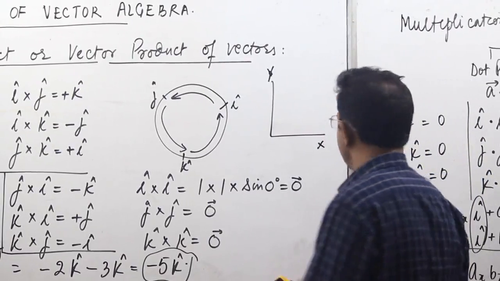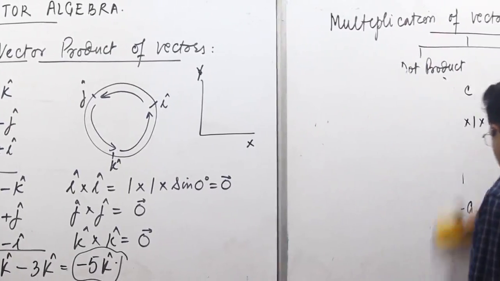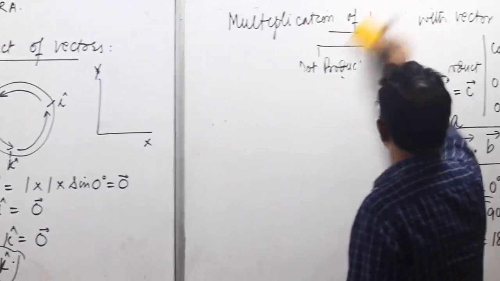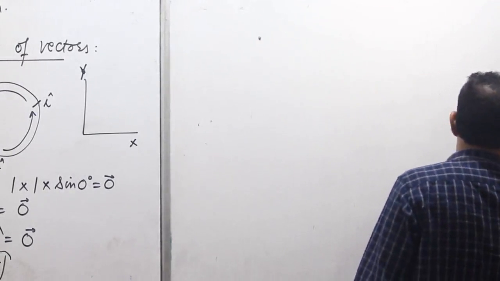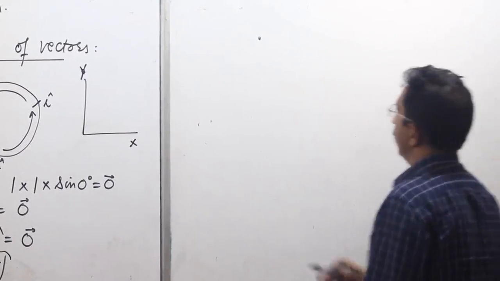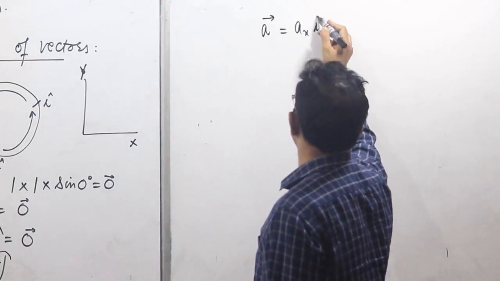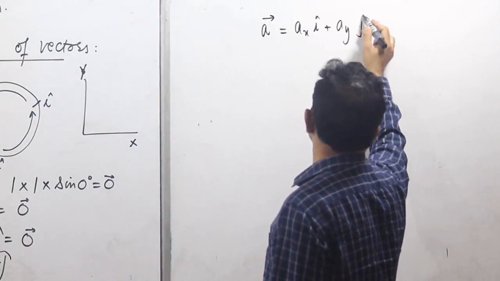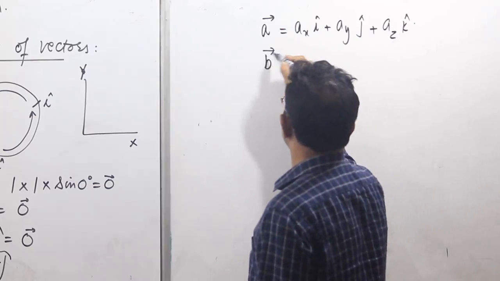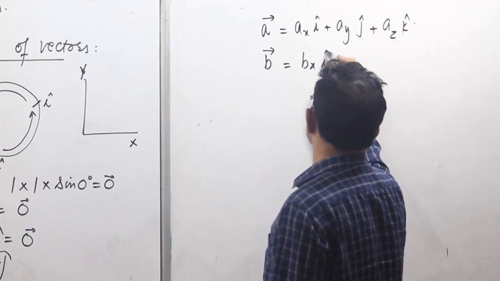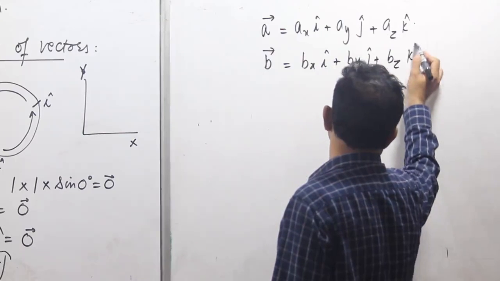Now coming to the product of two vectors A and B having three components. Assume that I have a vector A equal to AX I cap, AY J cap, AZ K cap. I have a vector B equal to BX I cap, BY J cap, and BZ K cap.